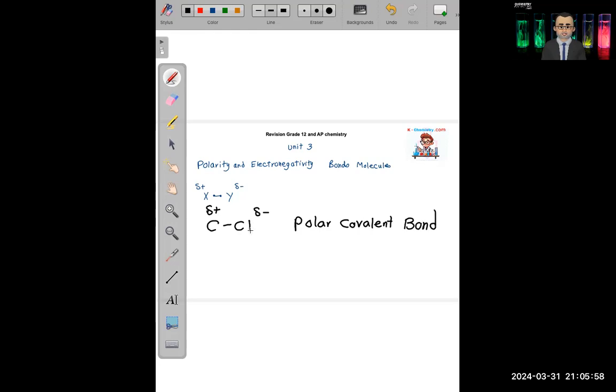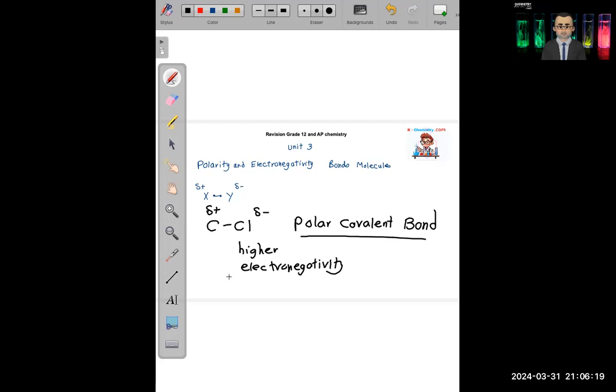This means that the chlorine is attracting the electrons of the covalent bond more to it due to its higher electronegativity, so the electrons will spend more time around the chlorine atom than the carbon atom. So this is called a polar covalent bond.